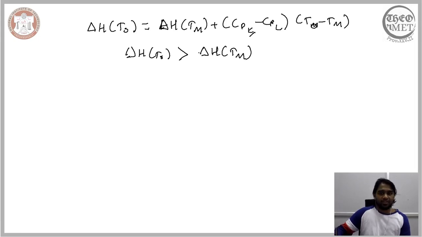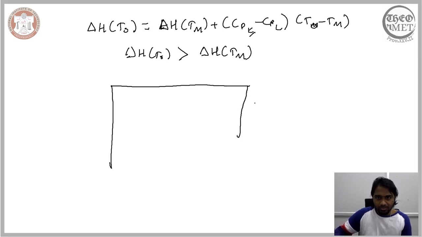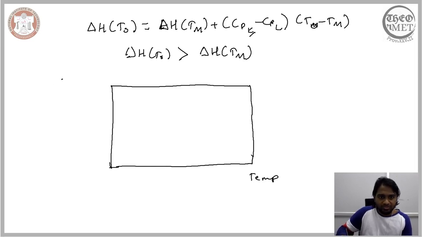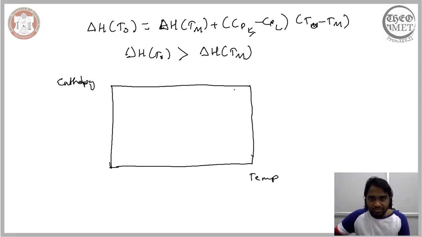So if we graphically represent whatever we have considered so far, it would look something like this. Let us consider the x-axis to be the temperature, and the y-axis to be the enthalpy. We are considering a temperature Tm, which is here.